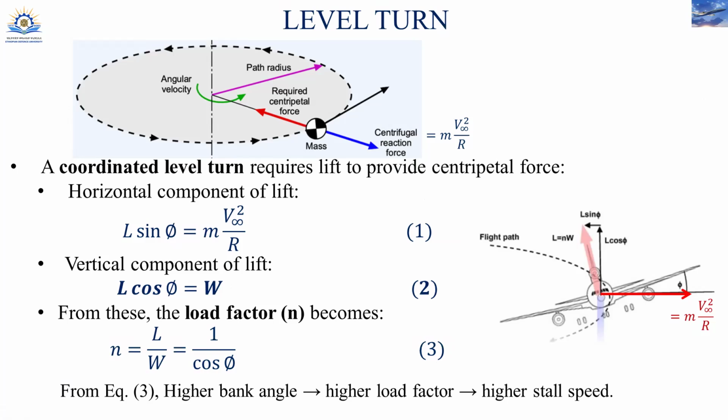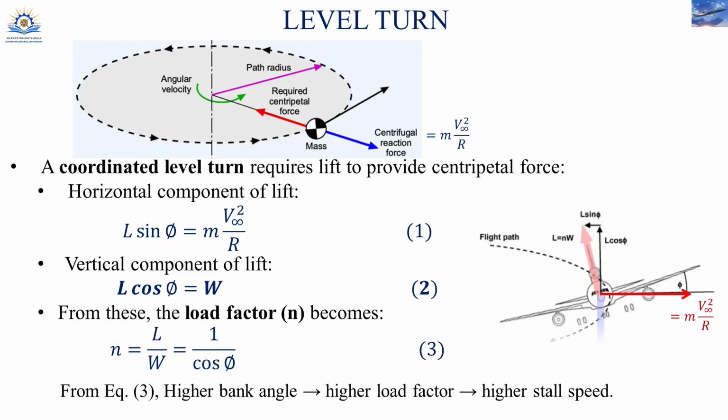In this direction, we have the force that resists it, that is mass times centrifugal acceleration, v squared over r. M times v squared over r is in that direction, and in this direction L sin phi. So that will balance. So L sin phi is equal to mv squared over r.